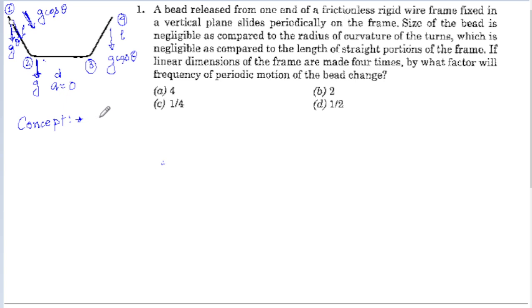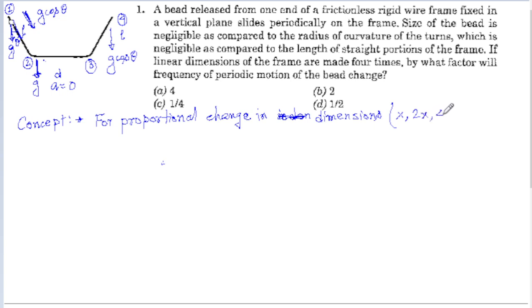For a proportional change in dimensions, let the old dimension be x; the new dimension may be x, that is the original size, it may be 2x, that is double, it may be 4x, that is 4 times, it may be 0.5x, that is half, and so on.